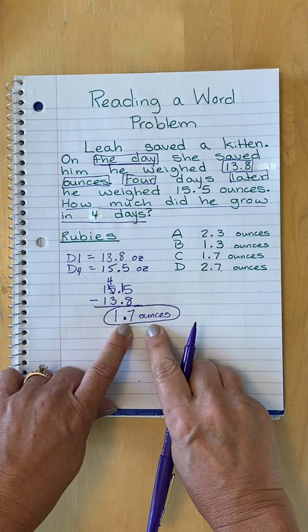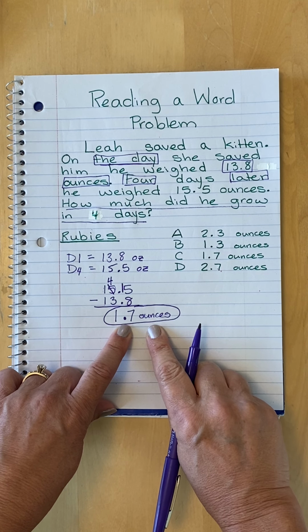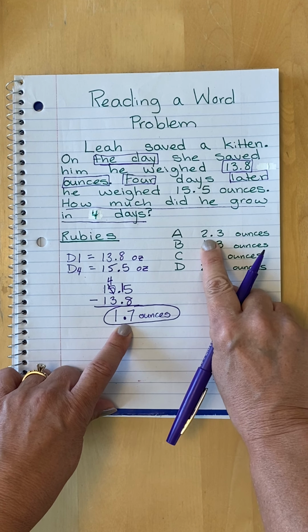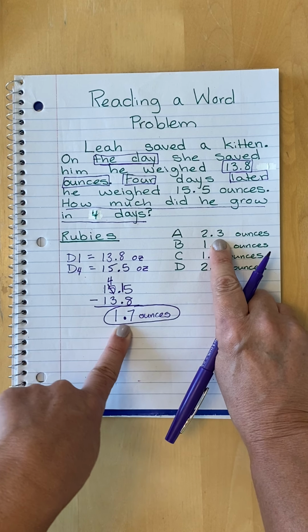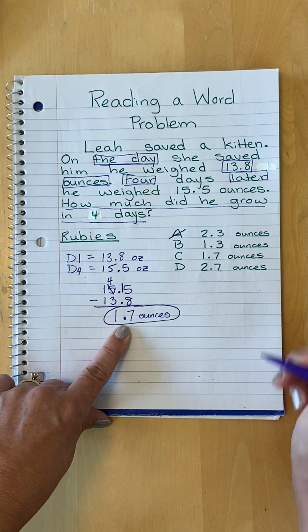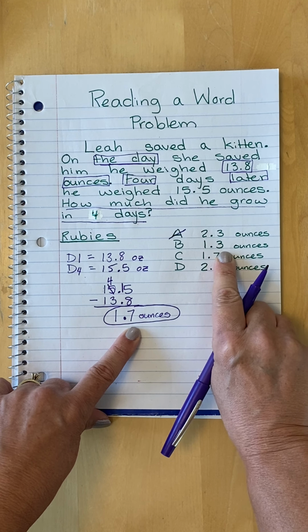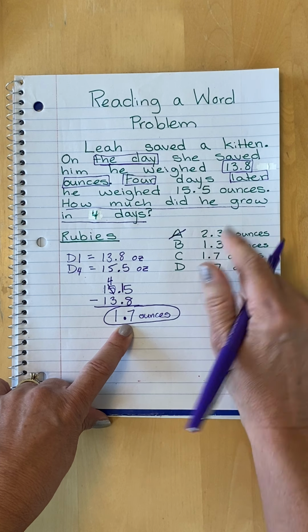So now what I need to do is I need to look and see and compare it to each answer choice. 2 and 3/10 ounces, that does not match. So I want to cross out the incorrect answer. 1 and 3/10 ounces does not match.